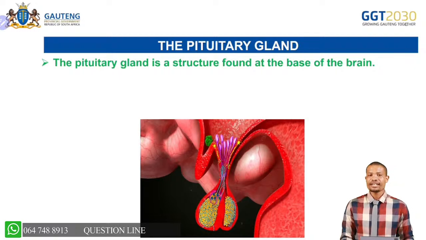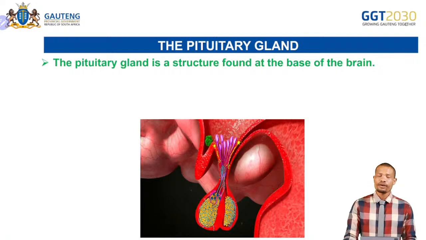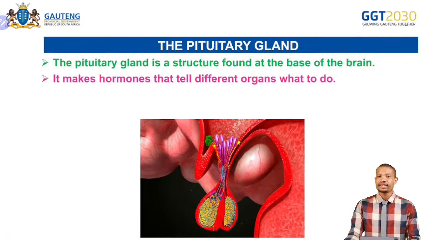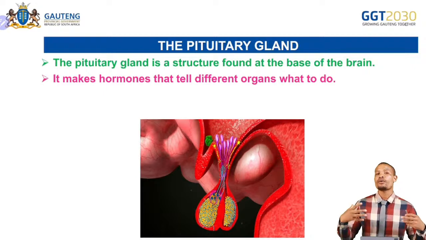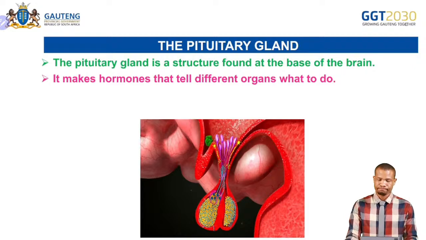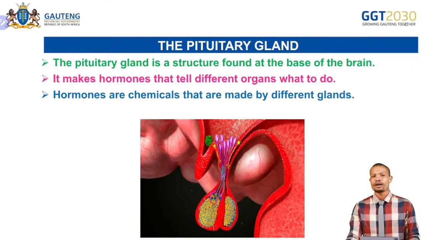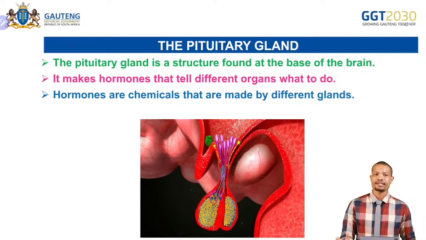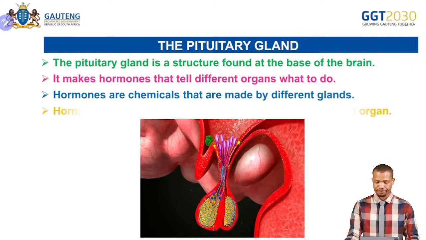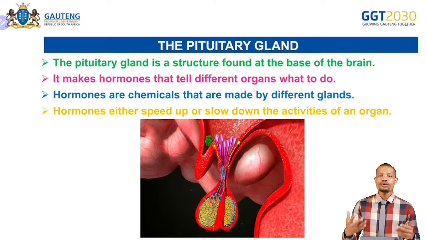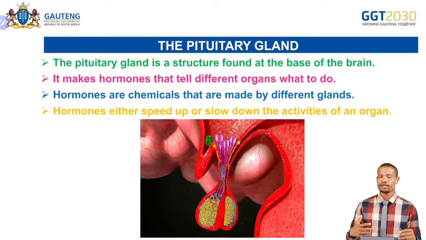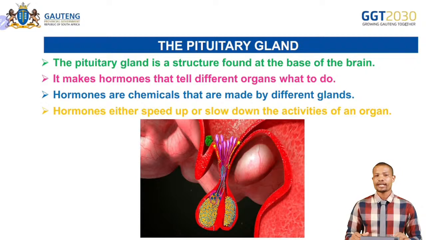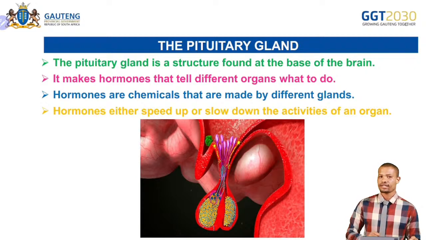Right. So the pituitary gland is a structure found at the base of the brain, and it makes hormones that tell different organs what to do. But what are these hormones? Hormones are chemicals that are made by different glands in our bodies. And their role is to either speed up or slow down activities of our body organs. Remember, we learned about organs. Right?